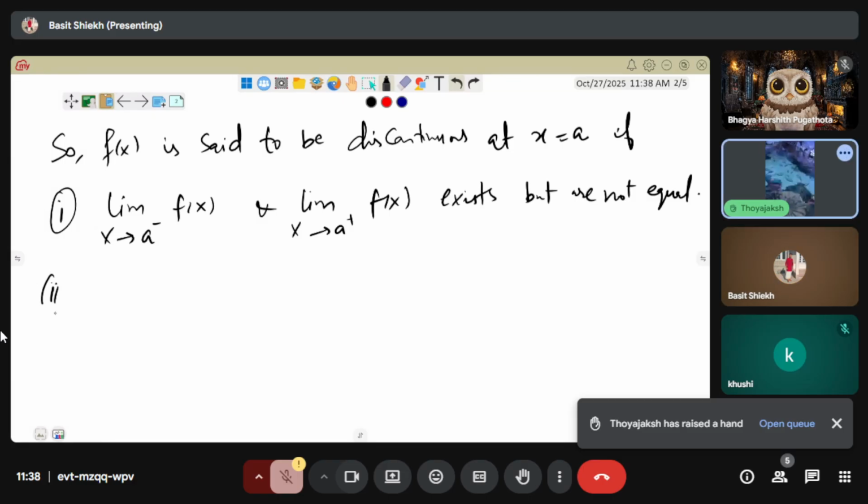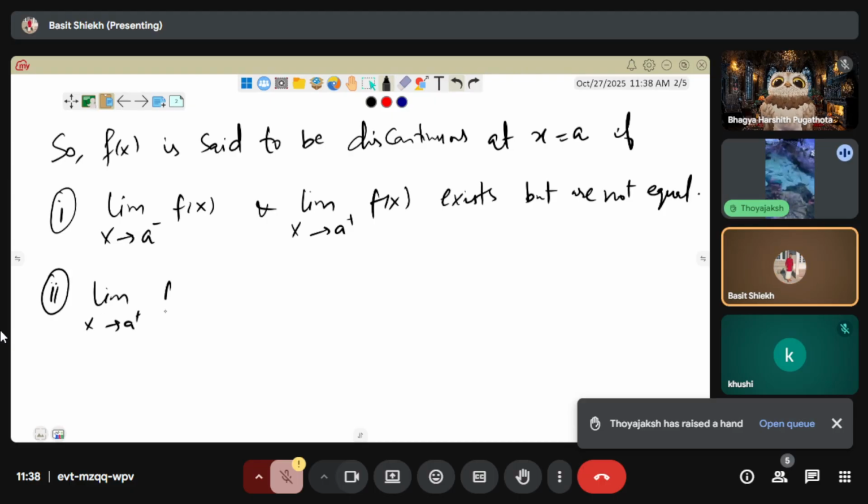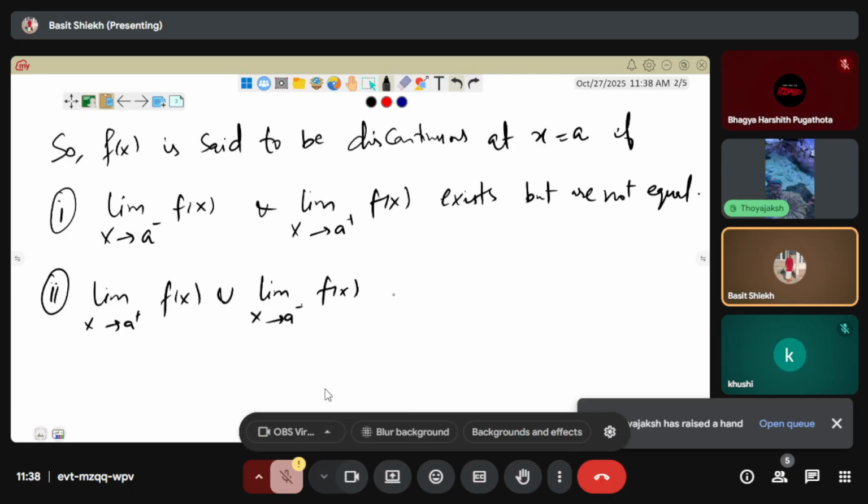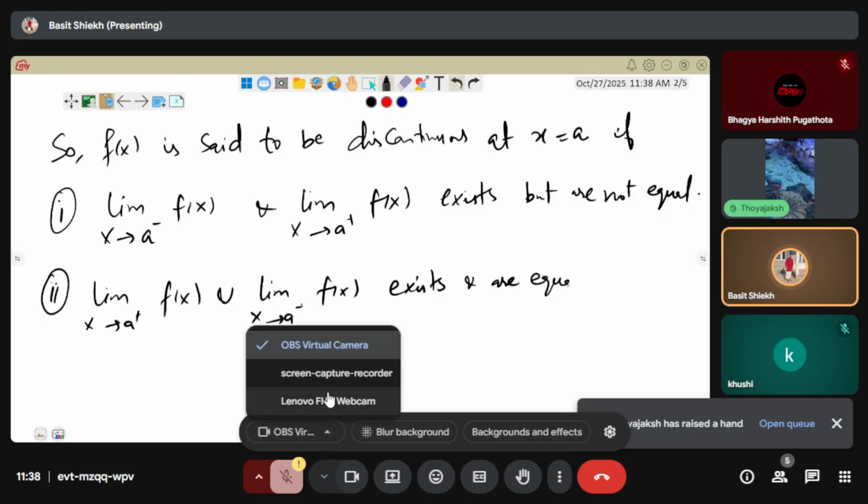Sir, Second, limit x tends to a plus f of x and limit x tends to a minus f of x exists and are equal. important questions.